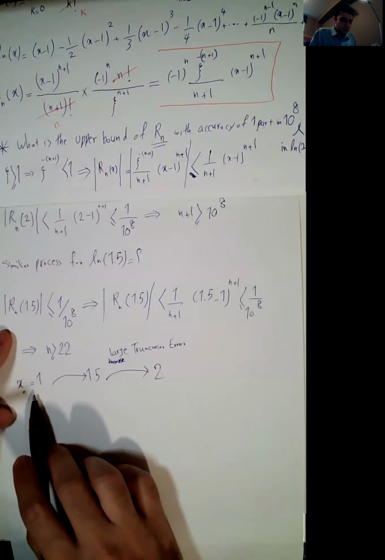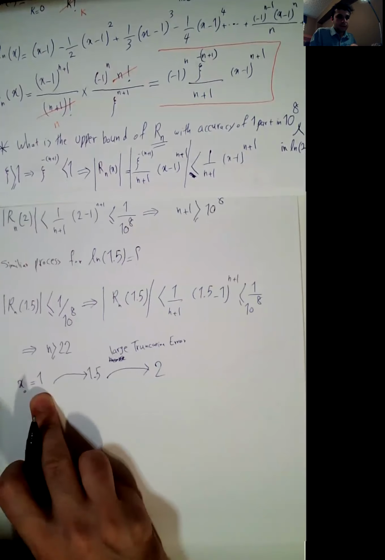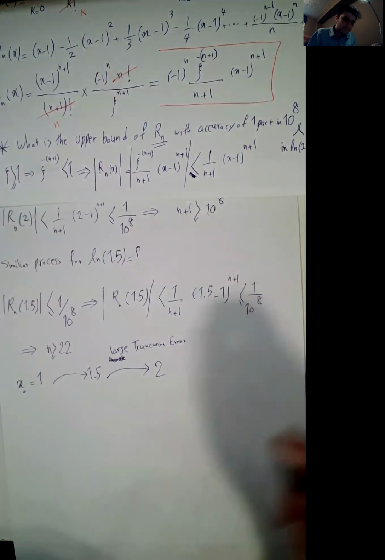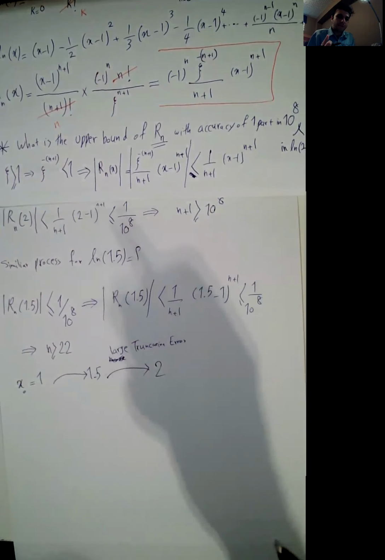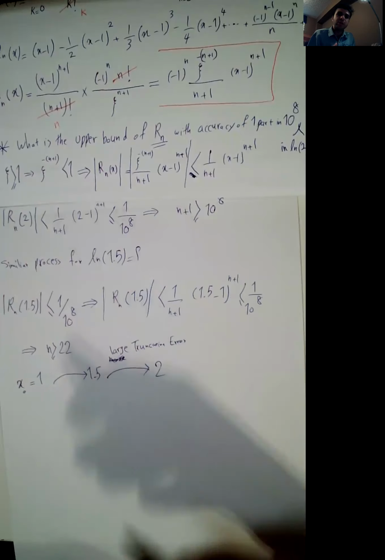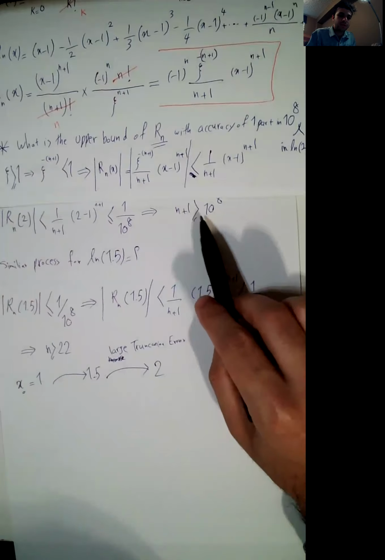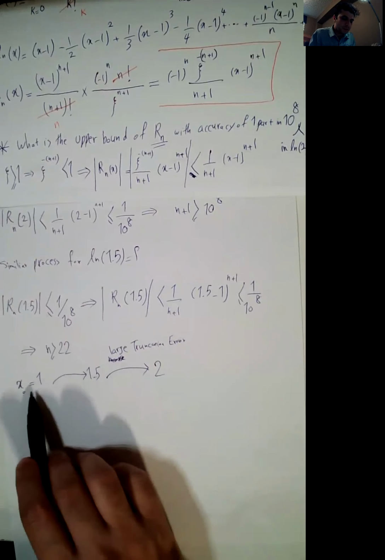Whatever your distance is larger than 0, you have larger truncation error. So in order to get the same accuracy, you need more terms. As you see here, you really need a huge number of terms to get that accuracy. But here it was just 22, because 1.5 is closer to 1.